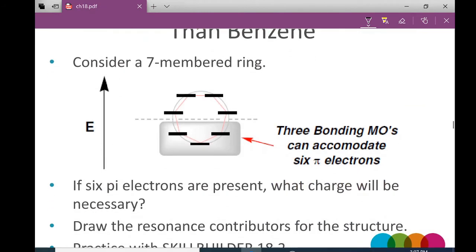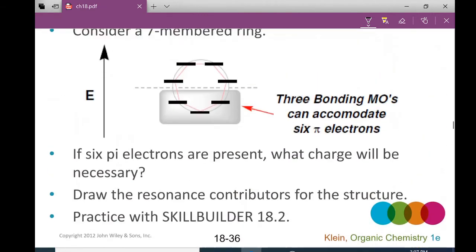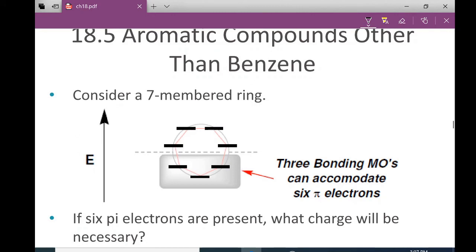So a 7-membered ring, can it actually become aromatic if it isn't to start with? That's a good question. So let's look at what a 7-membered ring actually would look like. Let's draw one over here. Now let's think about putting some double bonds in there.